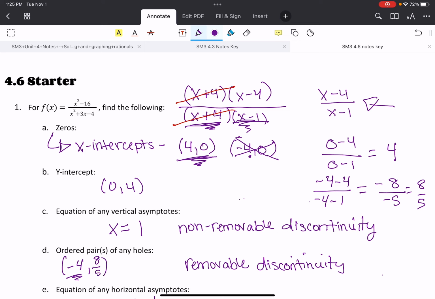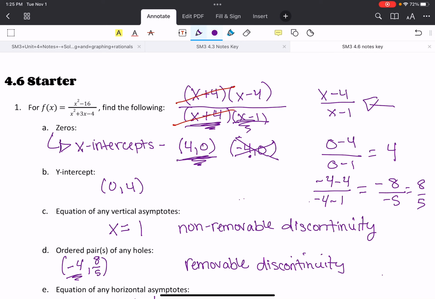Any questions on how I found that? Okay, so do you understand that the hole is at the negative 4, because it's the excluded value that was removed? To find it, I take that excluded value and plug it into the simplified equation. If I were to plug it in here, it would give me a 0 error.